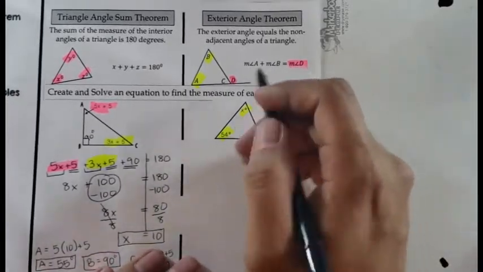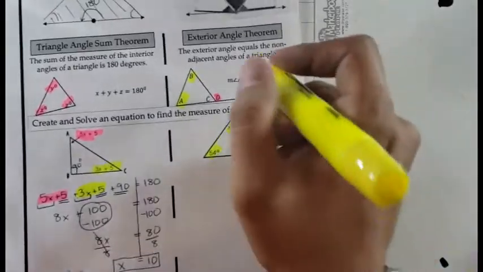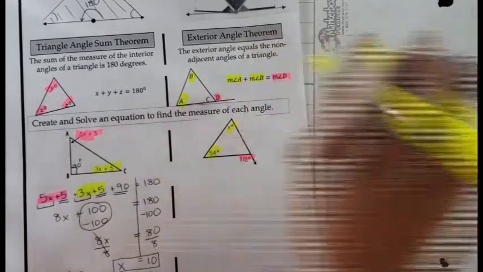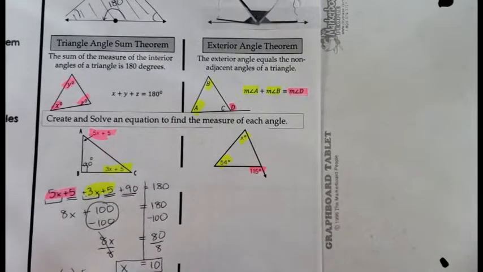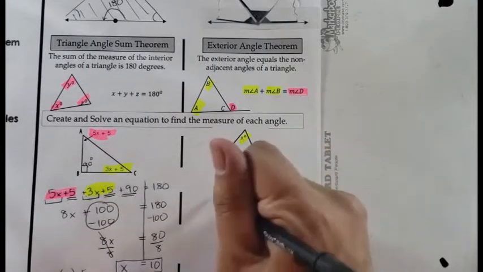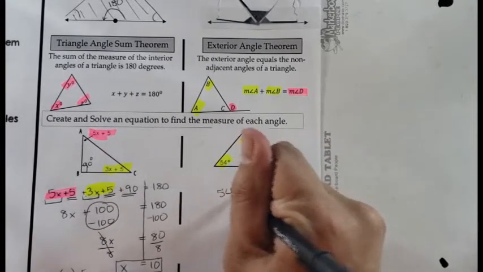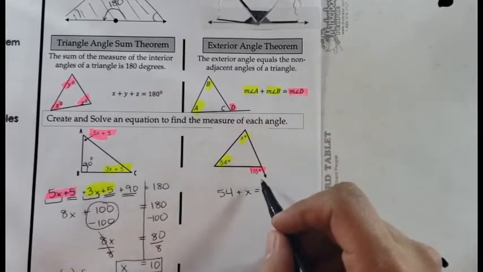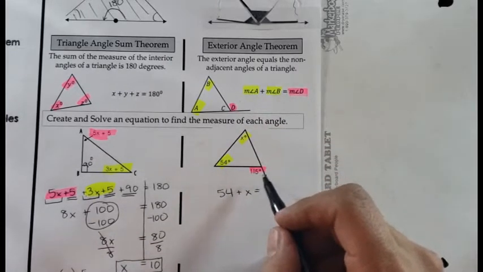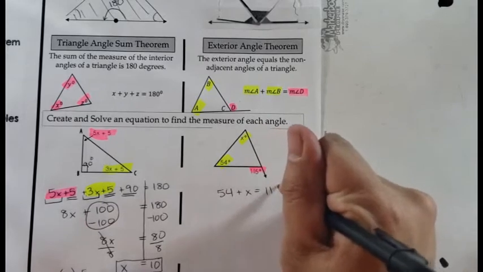So setting this up, I didn't highlight this. The measure of angles A and B corresponds to 54 and x. So we're going to put 54 plus x, or you could put x plus 54, it doesn't matter. This is going to be equal to the measure of angle D, in this case 115 degrees.